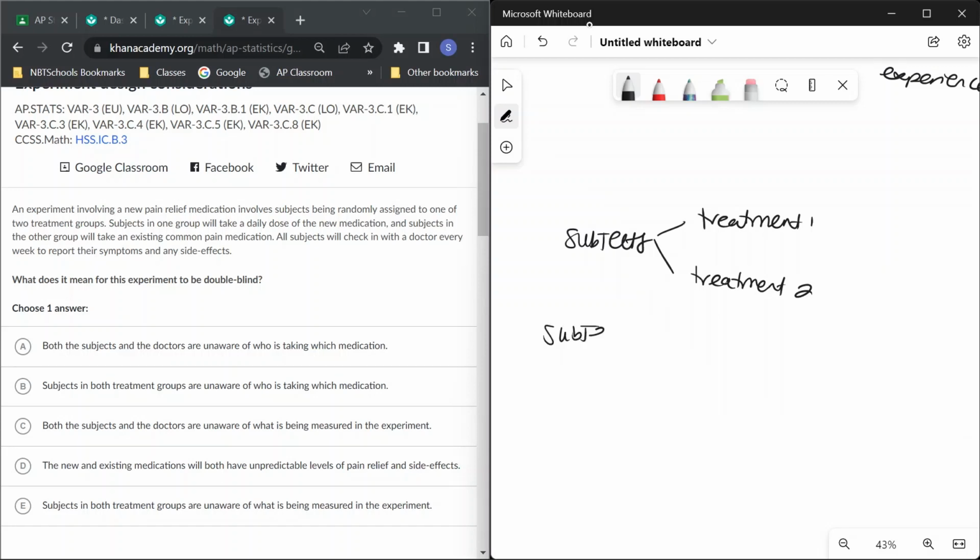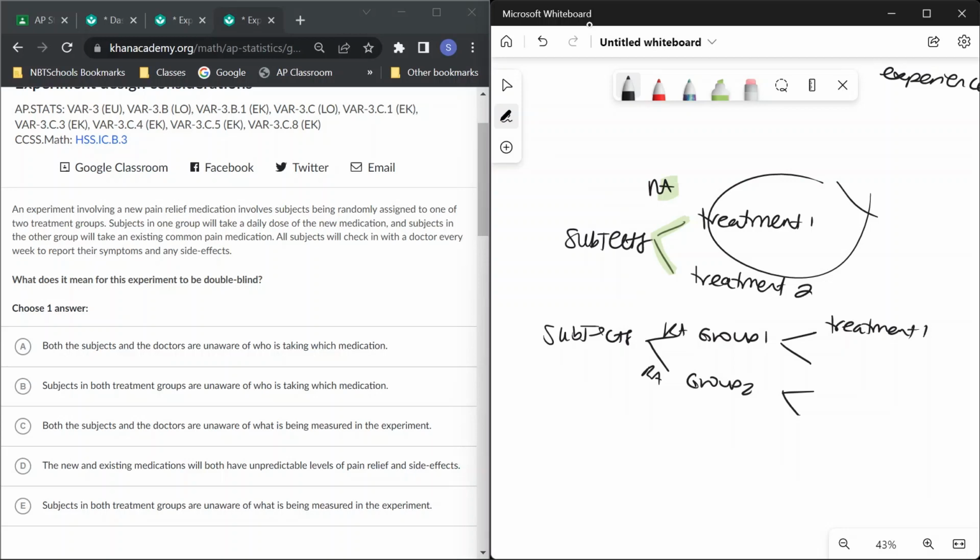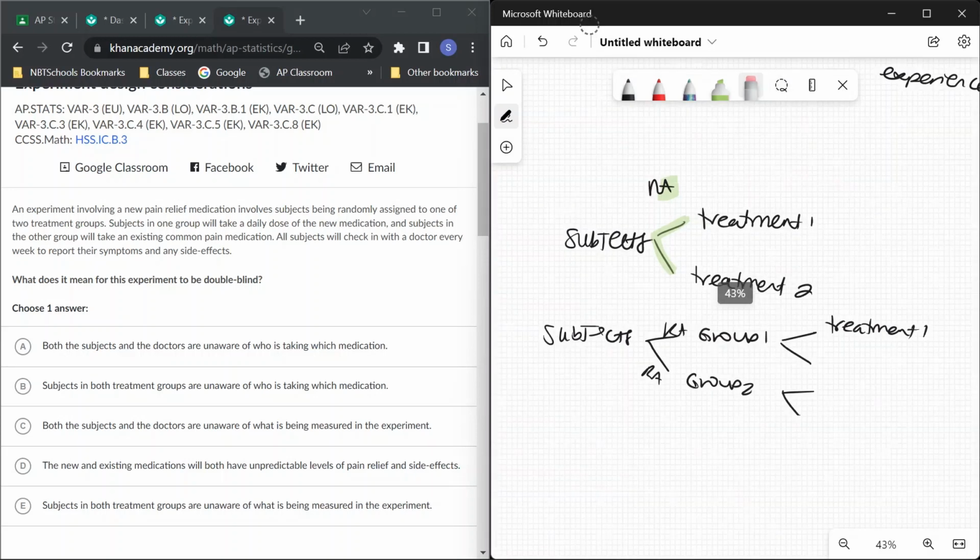So instead of doing this and saying random assignment, you would actually do group 1, and then this would be your random assignment, and group 2, random assignment, and then you would apply your treatment. So treatment 1, it's just another way to write it. We could write it as this also, but yeah.